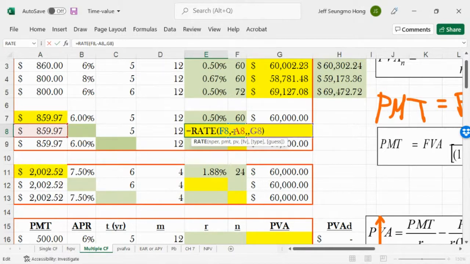Cash outflow is always expressed as negative. That doesn't mean it is negative, but it's money leaving your pocket, right? Think about it.